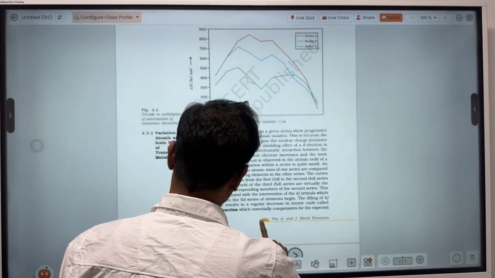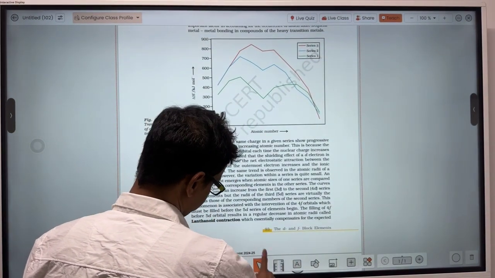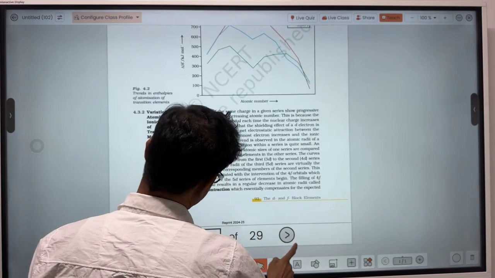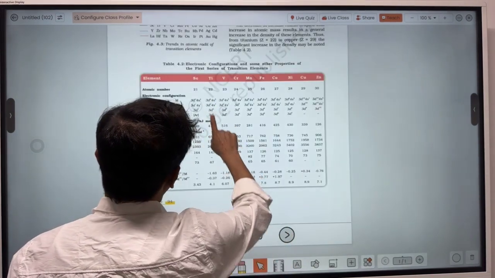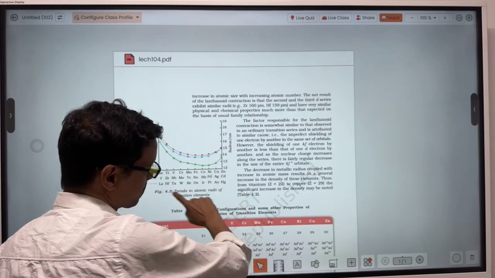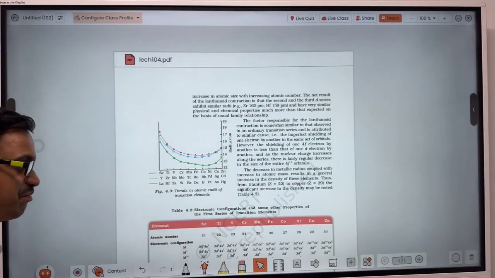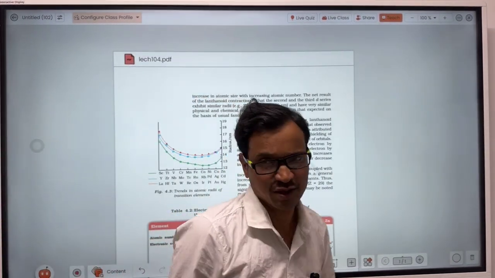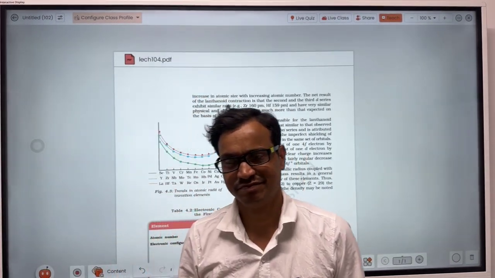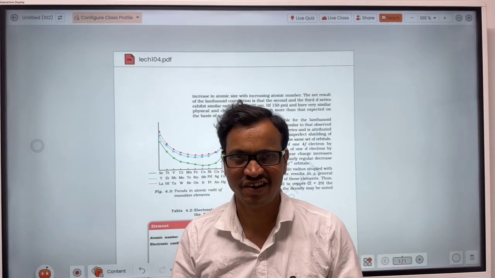Then let's see the variations in atomic and ionic sizes of transition metals. Here goes the graph, and by this graph you can predict a number of phenomena, and by the basic concepts of chemistry you can answer about their reasons also.